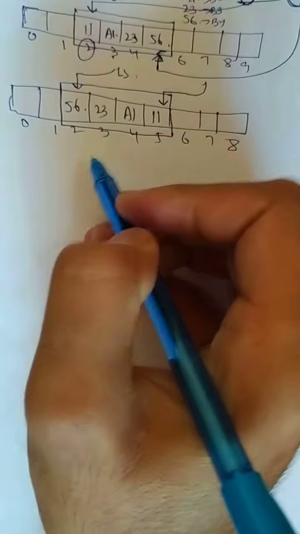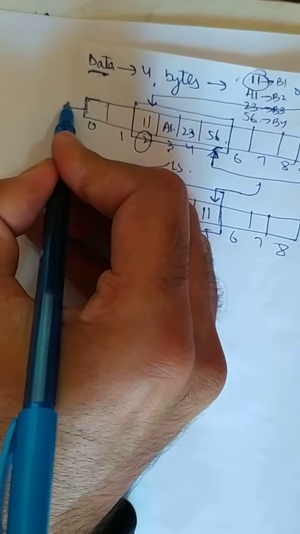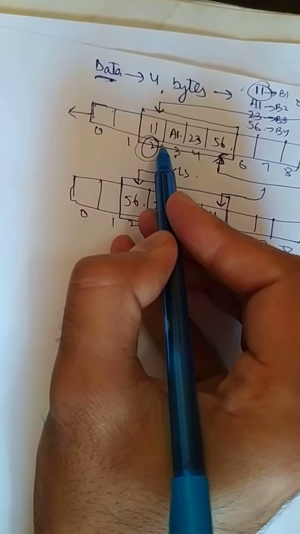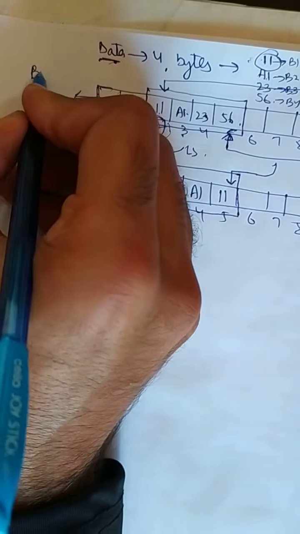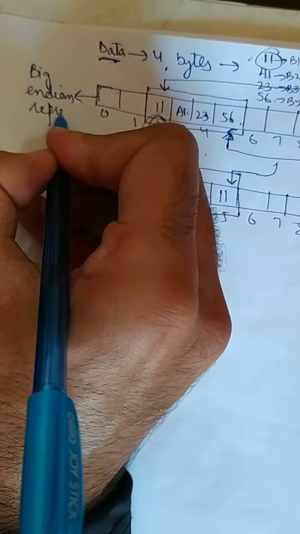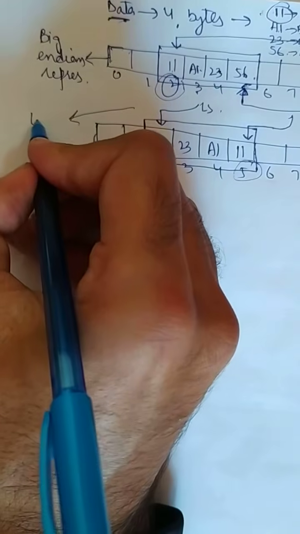So these are the two notations that you may use. This mechanism of storing the most significant byte at the lowest address is called big endian representation. And this representation of storing the most significant byte at the highest address is called little endian.